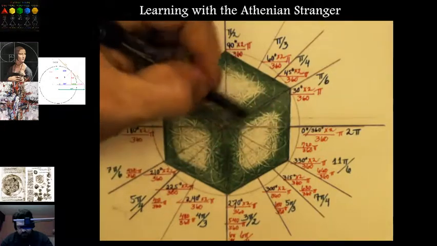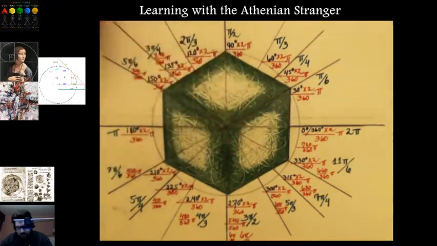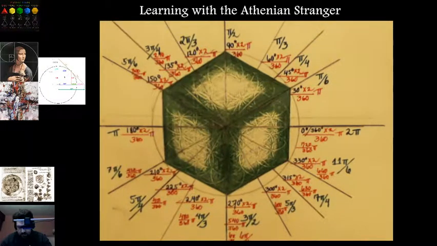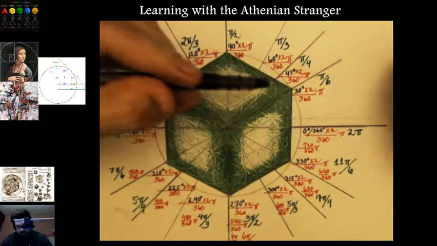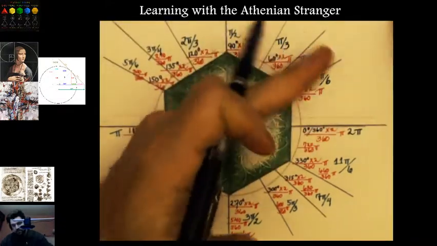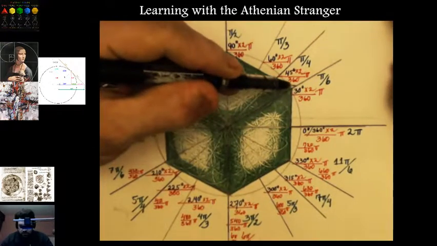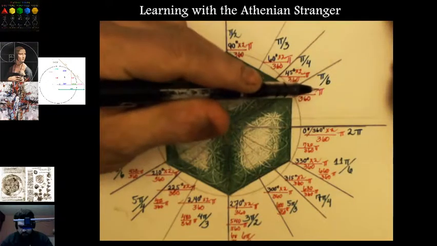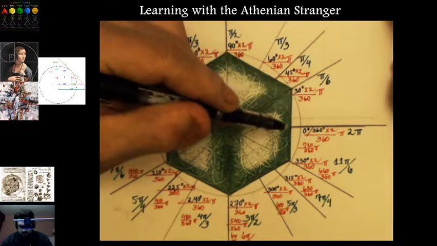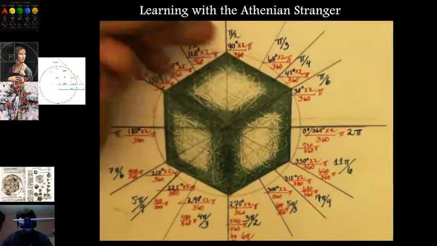So let's take our 1 degree and find the actual decimal radian of 1 degree of arc, or one degree of the circle. So 1 degree times 2 over 360 times pi.